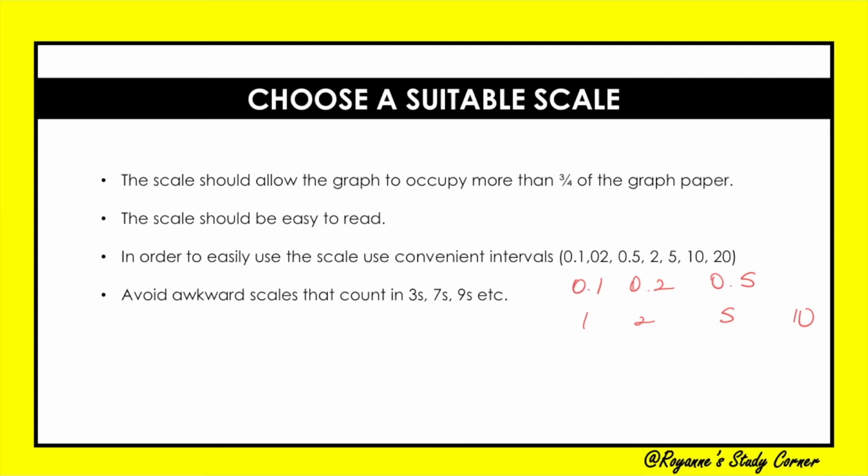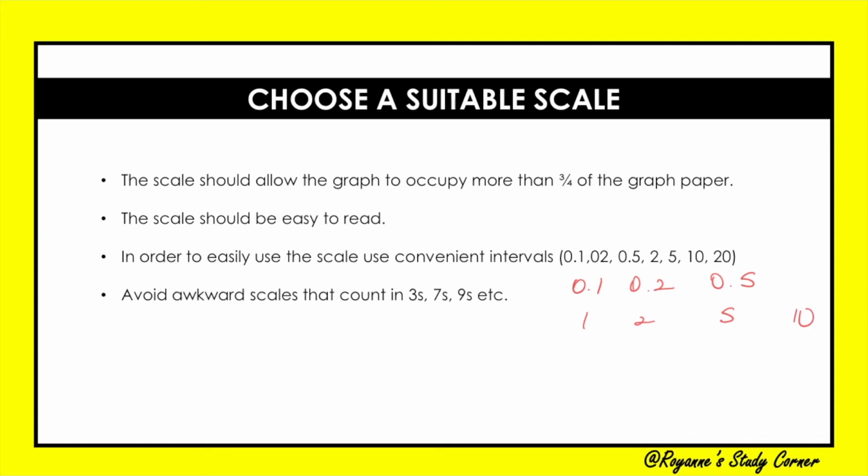Now, I know some students may say, okay, 4 is an even number, that should be easy to work with, or 8 is an even number, and that may be so, but it can make finding points and dividing to get these smaller intervals a little trickier, and it just means you have to focus a little bit more and make sure you're counting properly. So if you can do that well, all power to you if you want to choose those, but I always advise people to stick with these particular intervals and avoid, like the plague, scales that count in 3s, 7s, and 9s.